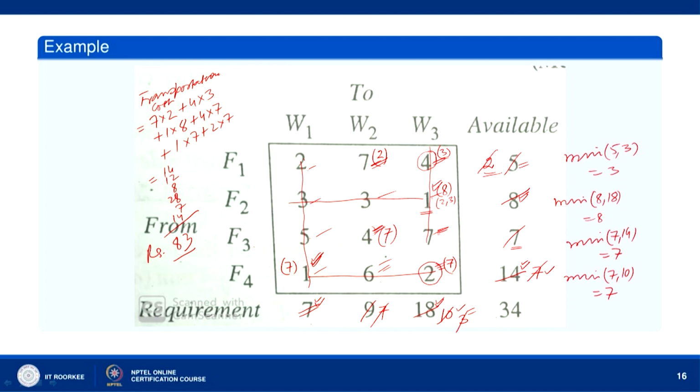So, by applying this least cost method, the transportation cost comes out to be rupees 83, while in the case of the first method, that is the northwest corner rule, we got the transportation cost to be 102. So, this method is better because here we take into consideration the least cost of the cost matrix and allocate the maximum quantity that is available.